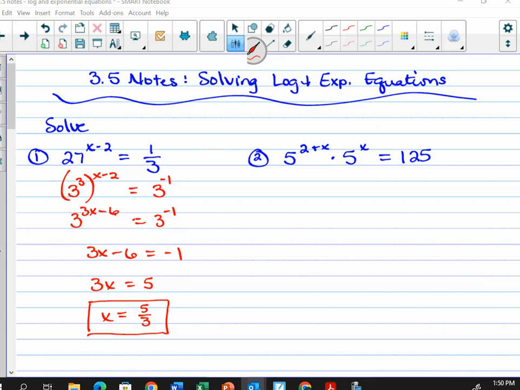Because if you look at A, it could be 3. X squared. You're right.